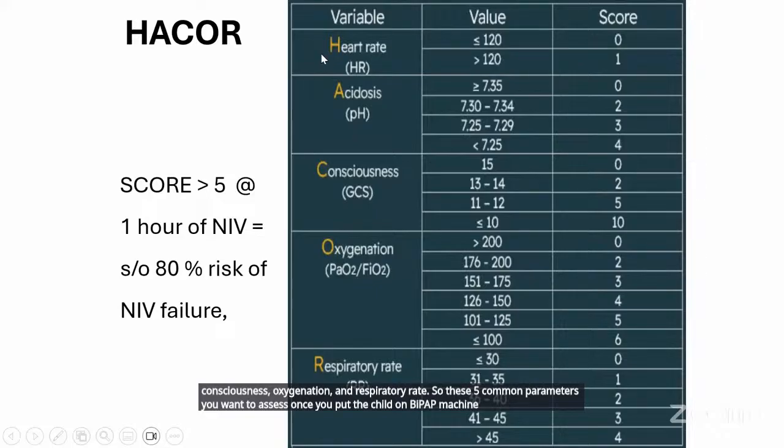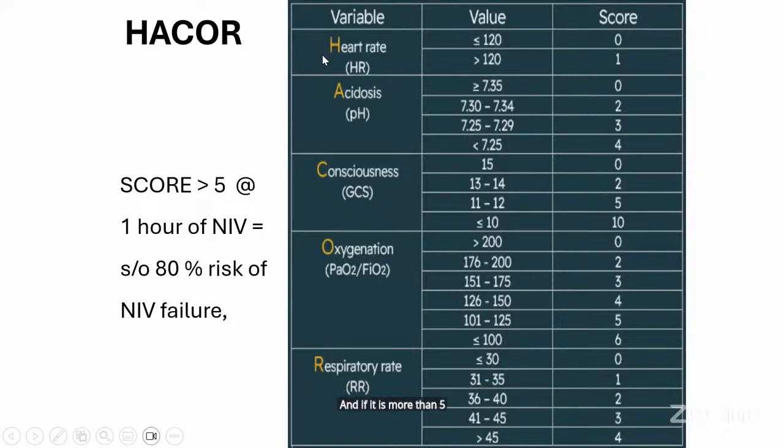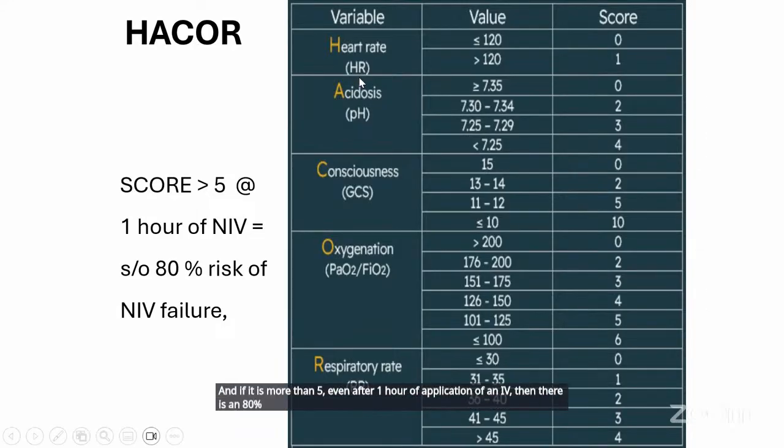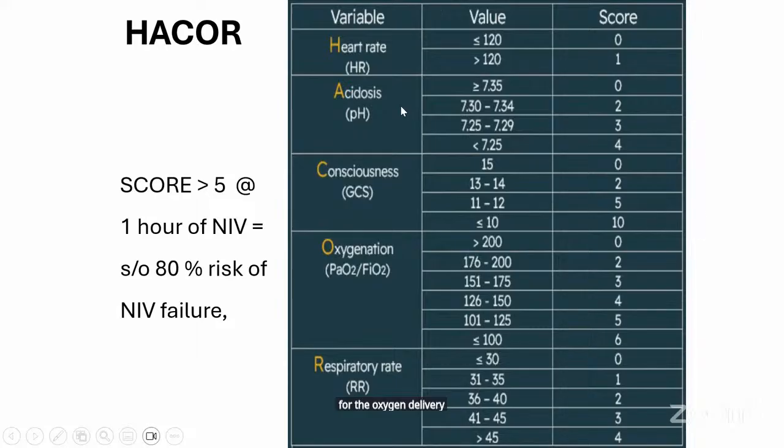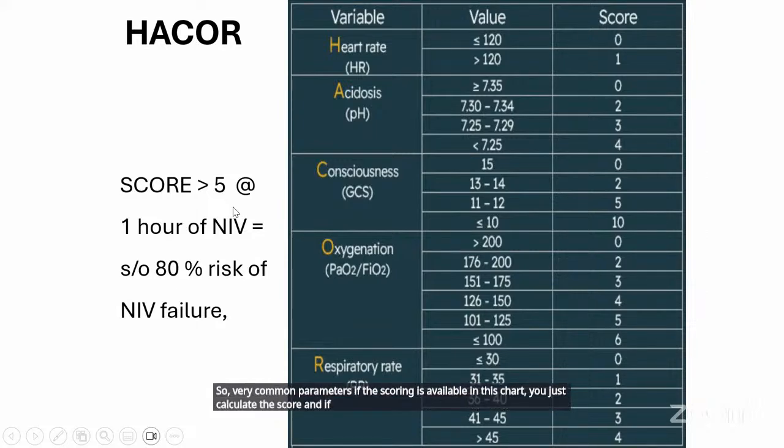If the score is more than 5 even after 1 hour of application of NIV, then there is an 80% chance that your NIV is not going to work, and you should start thinking that this child might require a higher respiratory support for oxygen delivery. These are very common parameters. The scoring is available in this chart; you just calculate the score, and if it is more than 5, you start thinking of using another mode.